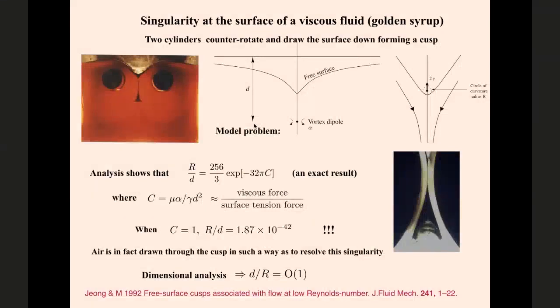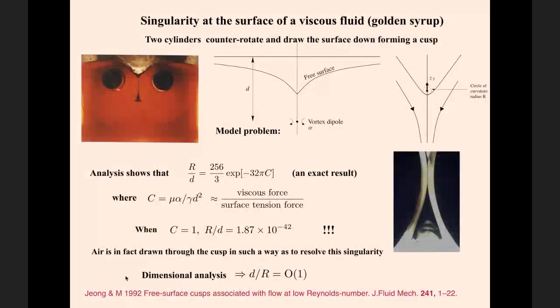Well, if D is, say, 10 centimeters, which is roughly what it was in the experiment, then R will be less than the radius of the proton. So it's a bit unrealistic. Well, it's totally unrealistic. It means that some other physical mechanism must actually resolve this incipient singularity.